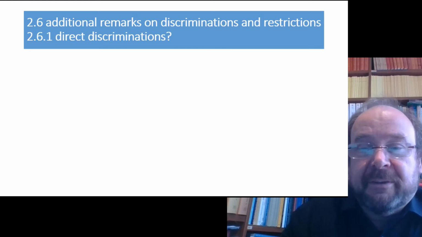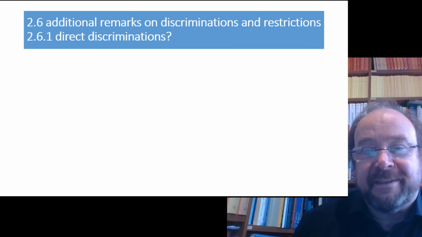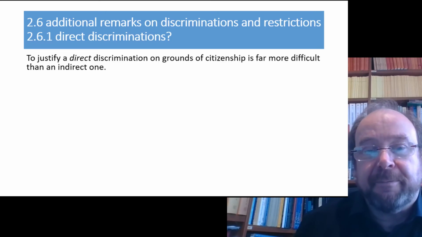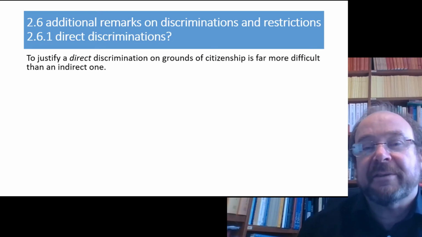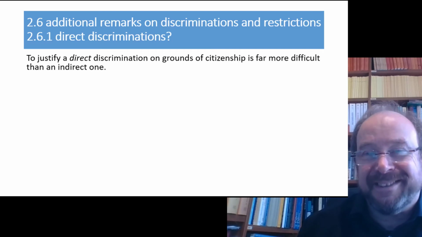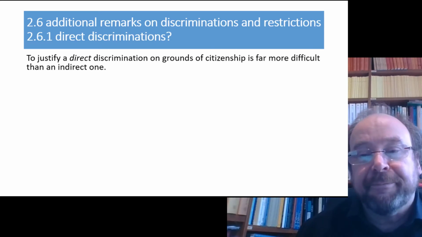Some additional remarks. Sometimes there is something like a direct discrimination or a direct restriction, where you discriminate on grounds of citizenship or where you directly forbid a transaction or inflict negative impacts on a transaction because, and only because, it has to do with the foreign country.